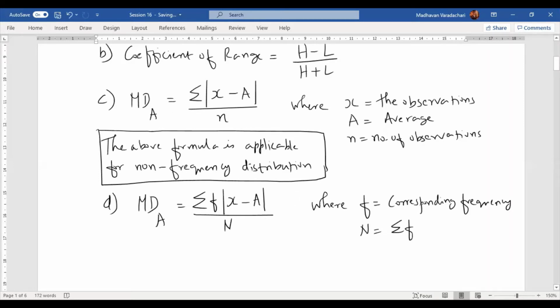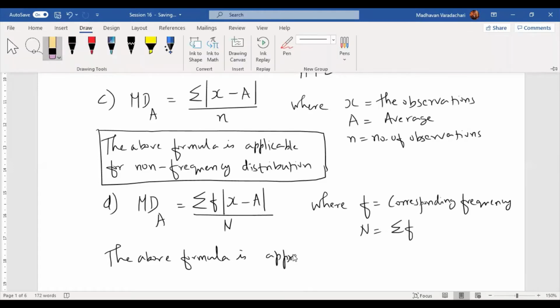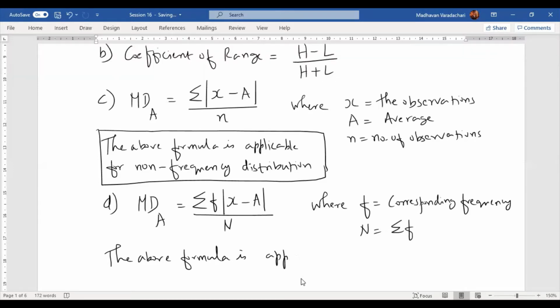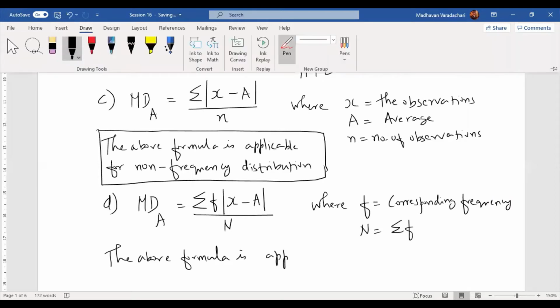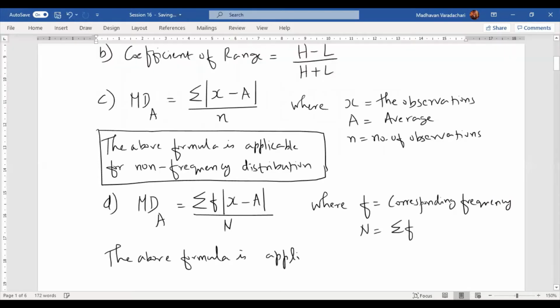So the above formula is applicable for frequency distribution.